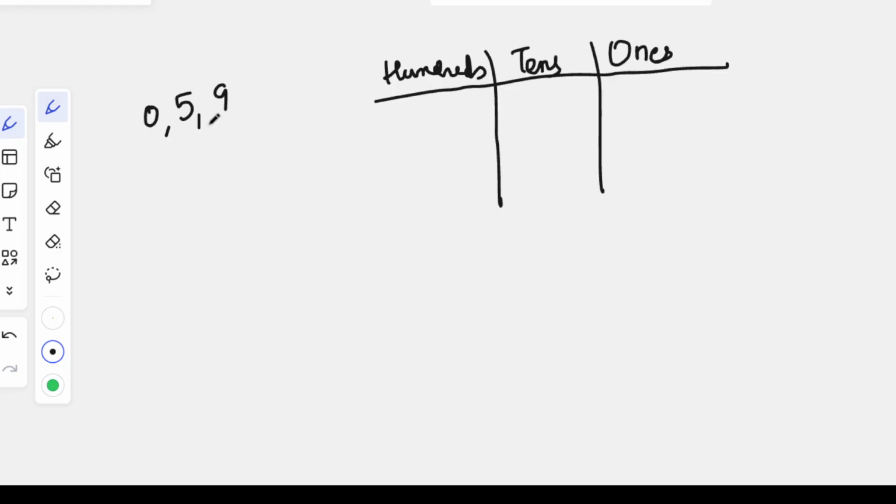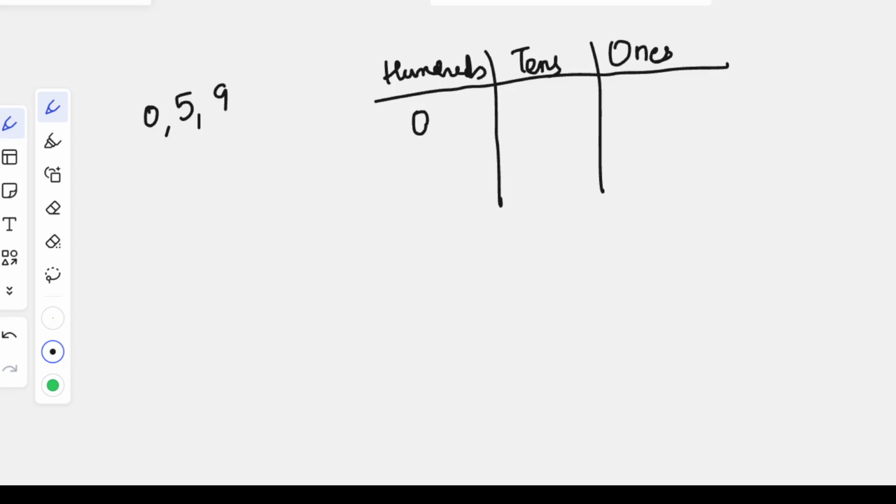For the smallest three digit number, you must be thinking that we should write 0 in the hundreds column, because this is what we have done in the previous number formation, right? Concept wise it is correct, but the digit here is 0.